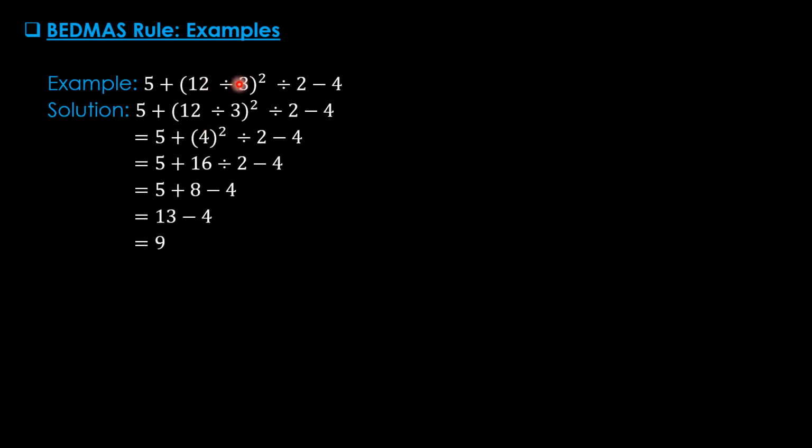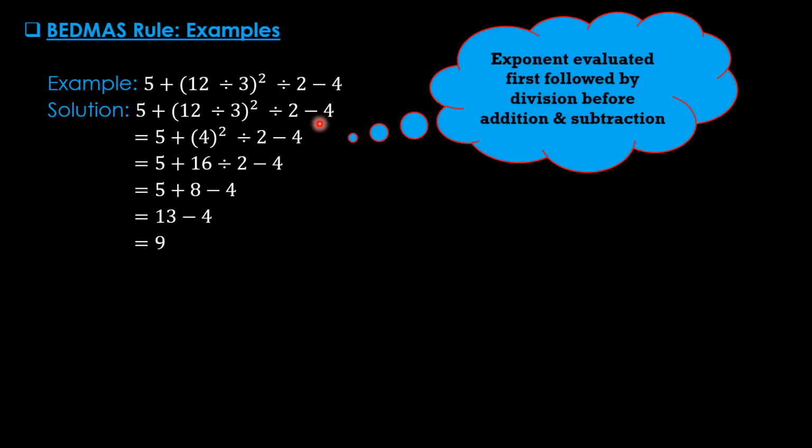So inside this bracket we have to divide 12 by 3. We get 4. Then the exponent, we have to take care of this part. 4 square is 16. Then division followed by addition, subtraction, because there is no multiplication here. So that's what we have done. Exponent evaluated first, followed by division before addition and subtraction.